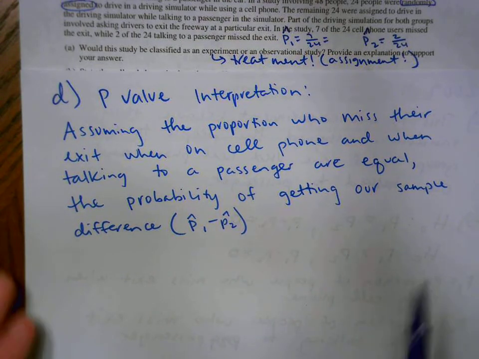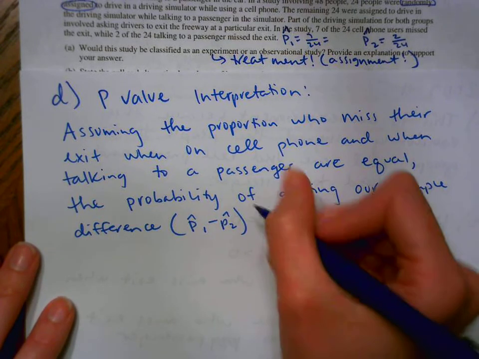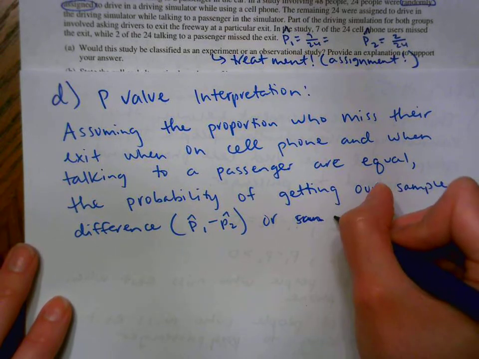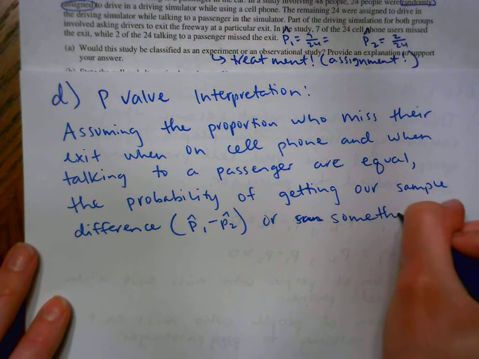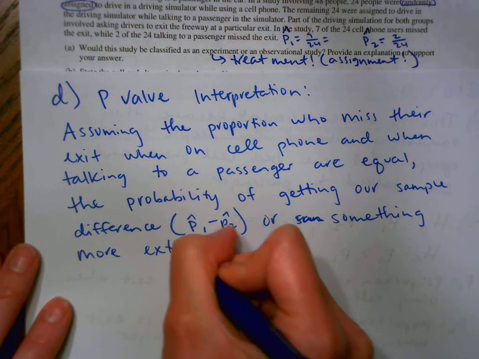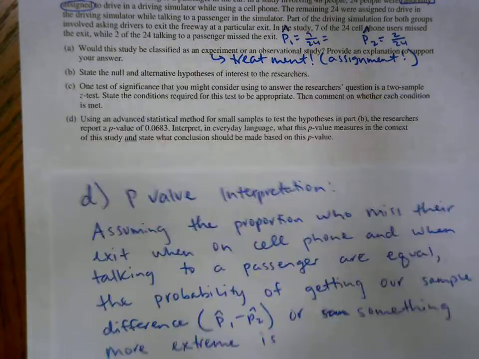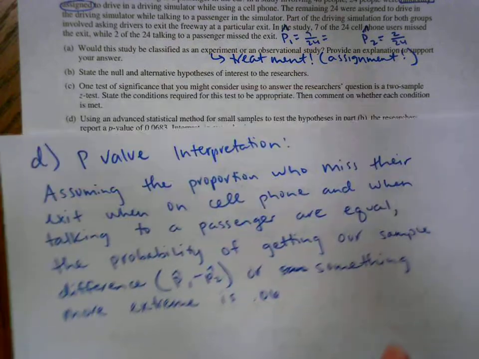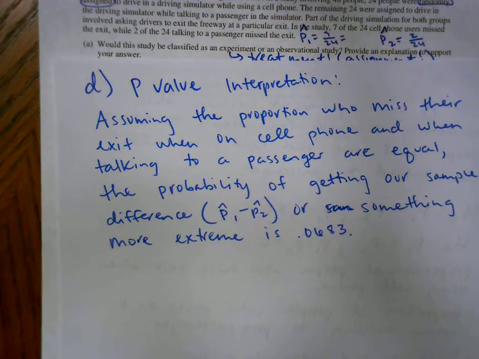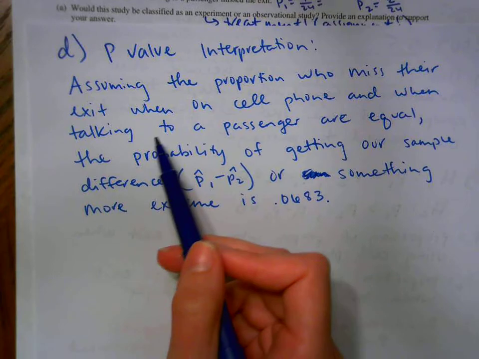So it's the probability of getting our sample difference in proportions, or something more extreme, and then whatever that p-value is, 0.0683. So it's the probability of getting our sample result or something more extreme if that null is true.